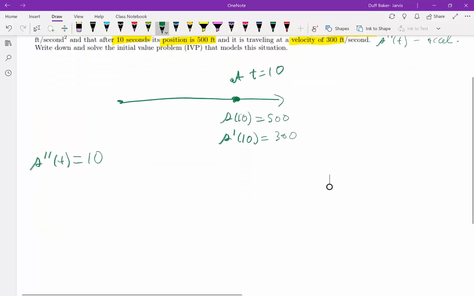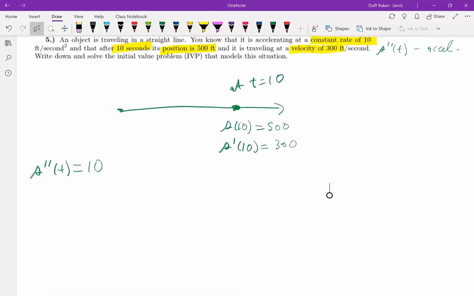Okay, and so if you put these all together, it makes up an example of one of these initial value problems. So it turns out with this information, you can tell how the object moved at all moments in time. So you put it all together, the IVP you get is, you know this about the derivative, that it's equal to 10.